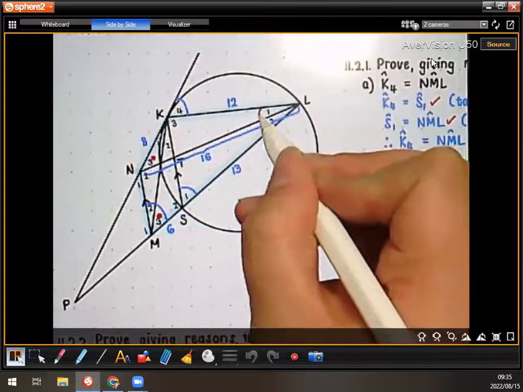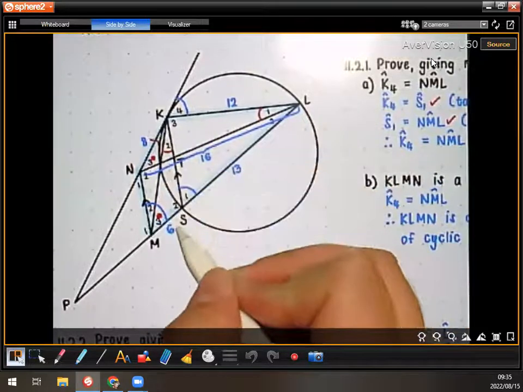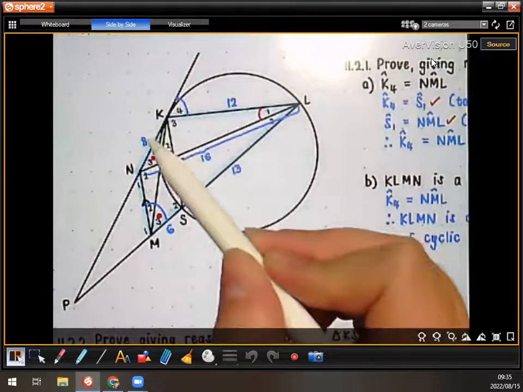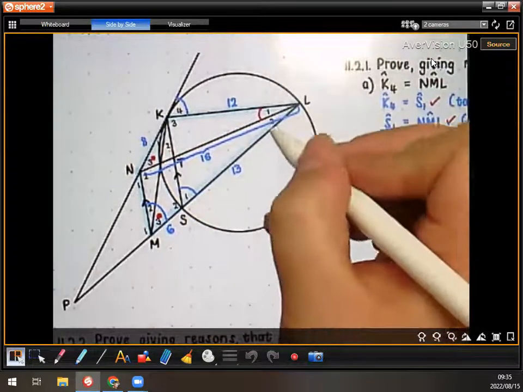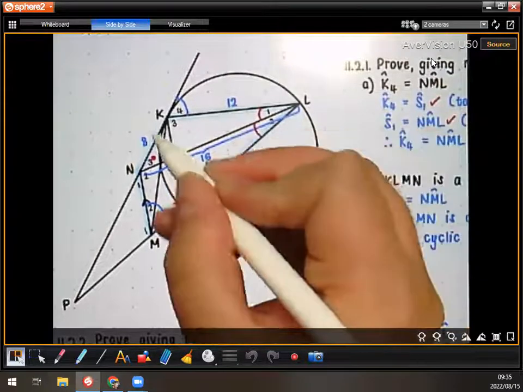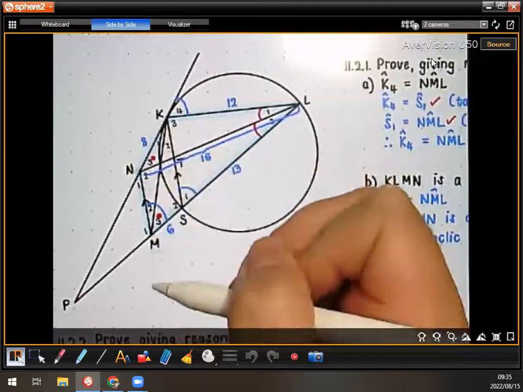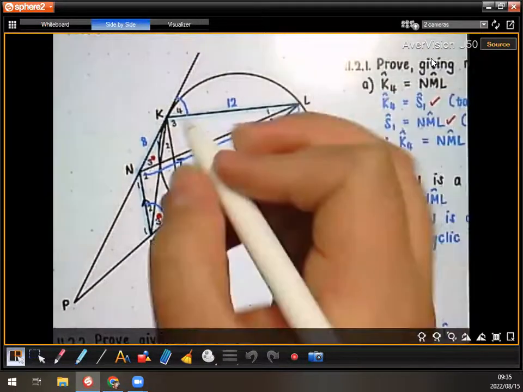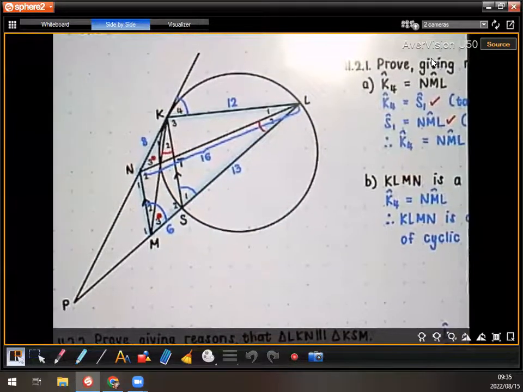R1 and K2. So how did we know that this one is equal to that one? R2, sorry. R1 and R2. So you're saying this one is equal to K2 and R2. At least I have an undo button.